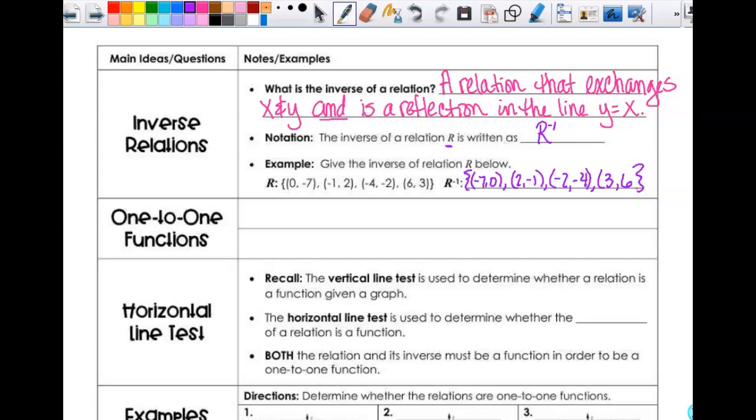Now, we really focus more on functions, okay? So the same stuff is true if it's a function, but we have to look at what's called a one-to-one function, right?